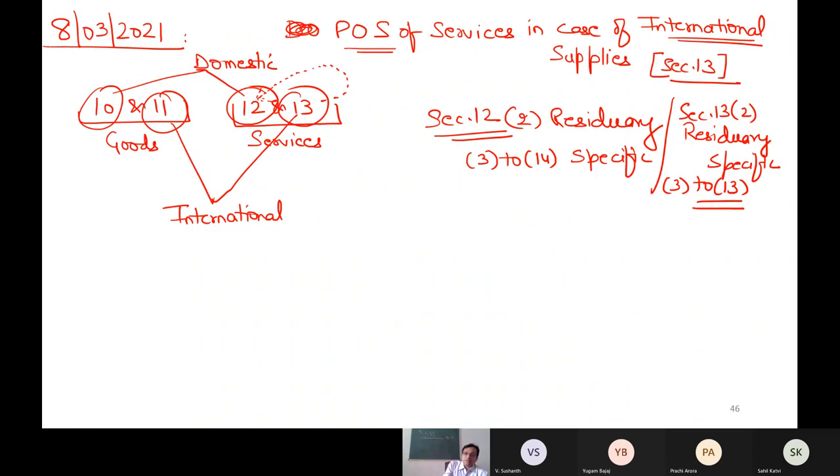Now let me start with my first supply. So I am writing serial number 1, otherwise it is different. Section is different, subsection is different. Section 13 subsections are different, but these are not subsections, these are points for the purpose of simplicity. Now before starting section 13, let me show you the act and what the act says about section 13.